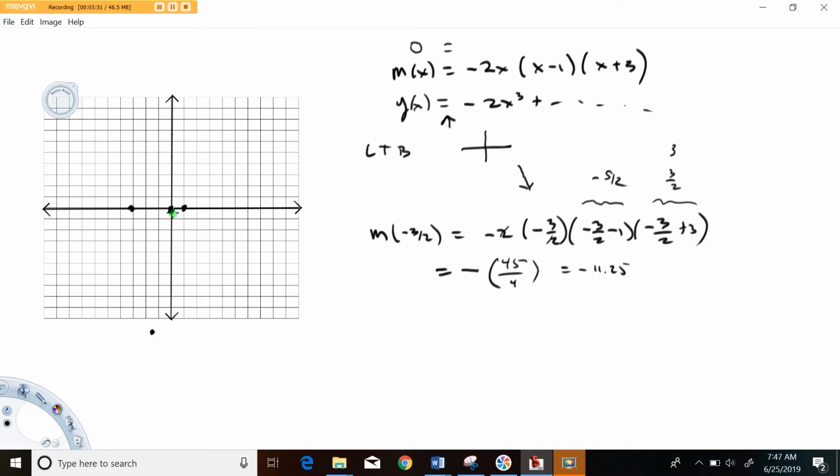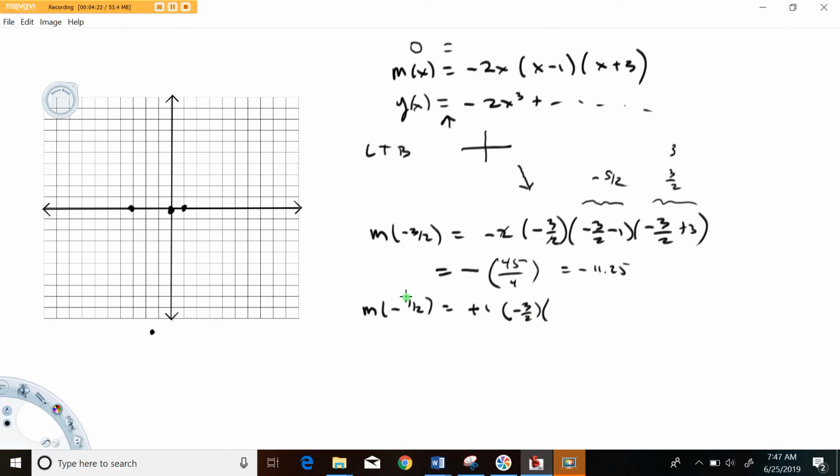Minus 0.5 would be another good one to run through this function, because we want to know what it's doing halfway between these. So let's see, m of minus 1/2 or minus 0.5. Good grief, huh? All right, so we're going to have minus and a minus is plus, and then 2 over 1. That's going to give us plus 1 right here when we put a minus 1/2 in. If we put minus 1/2 here, that's going to give us minus 3 halves.